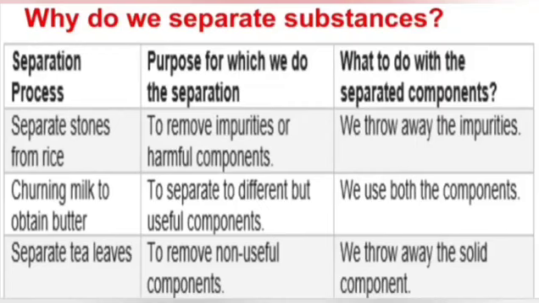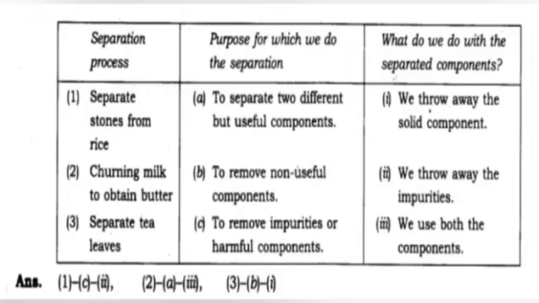However, the information given in column 2 and 3 is jumbled up. Now, can you match each process with its purpose and the way separated components are used? Means we have to match each process with its purpose and the way separated components are used.